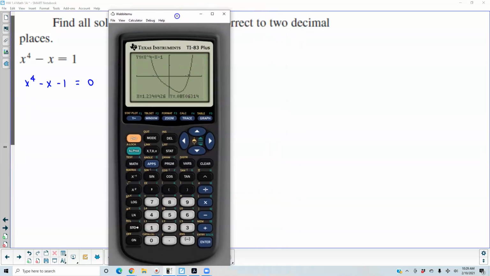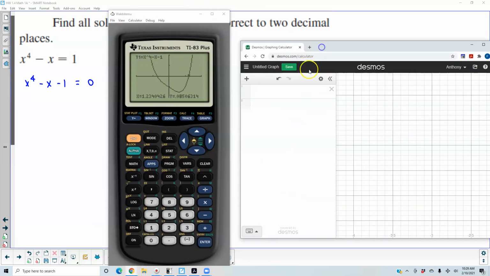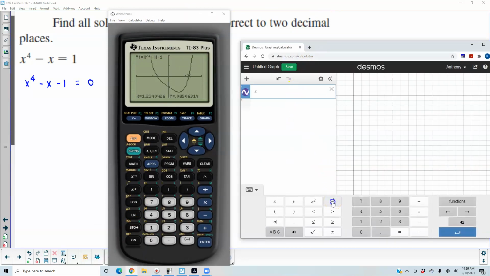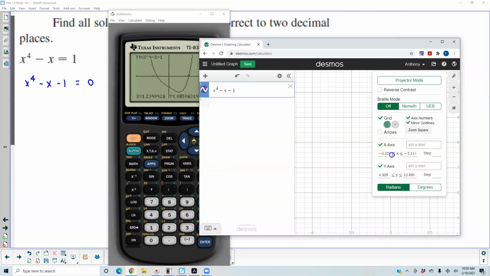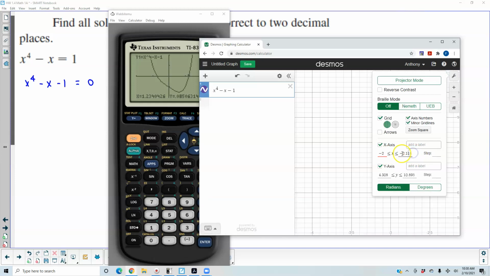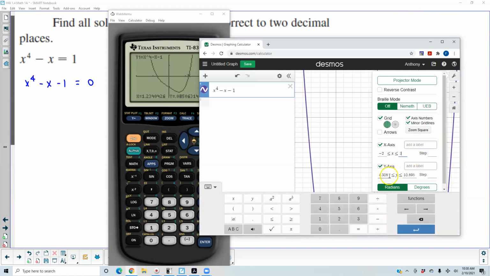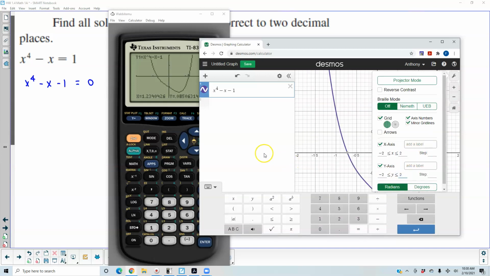Now, it might be a lot clearer to see it on Desmos. So let's go ahead and put in x to the fourth minus x minus 1. And then let's go ahead and put in our window to be -2 and then +2, and then again, -2 and then +2.